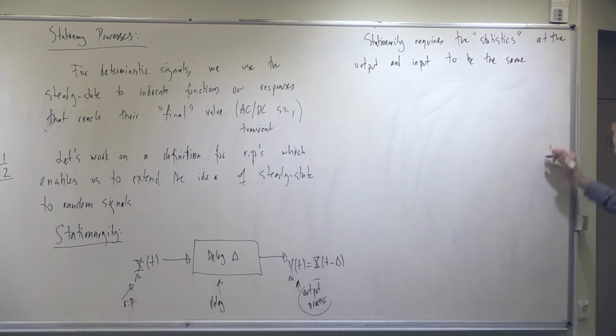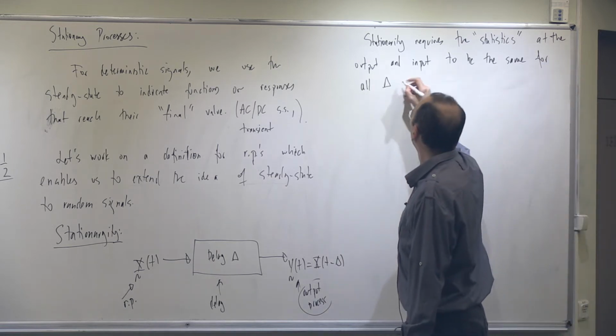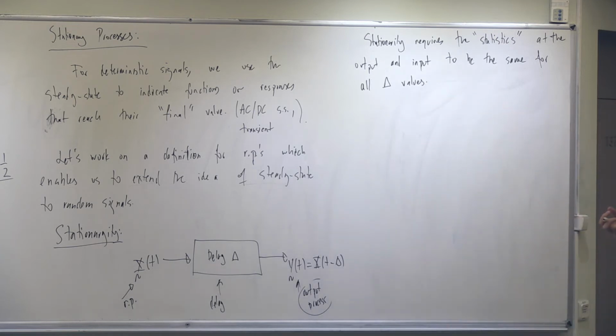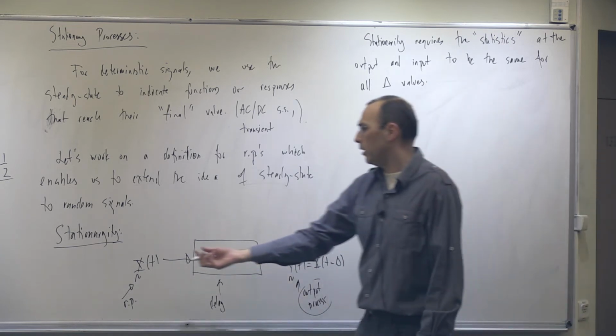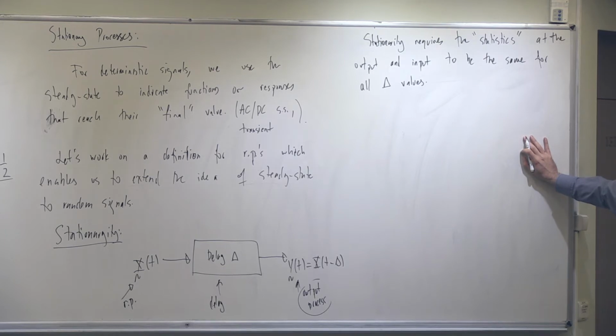But there is a critical thing: for all delta values. Okay, not for a specific delta value. For delta equal to 0, of course, they are the same. But it should be valid for all delta values, however large. So that is the idea.